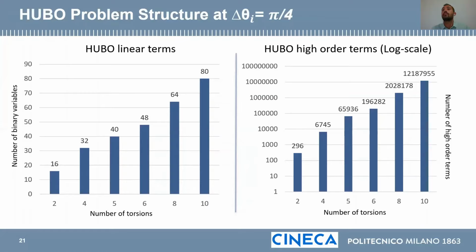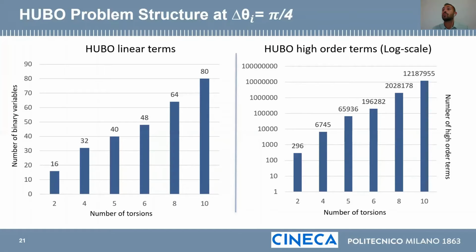The number of high-order terms in the UBO instead increases almost exponentially. For a number of torsions equal to 2, we have just 296 high-order terms. High-order means higher than linear, so quadratic, cubic, and so on.